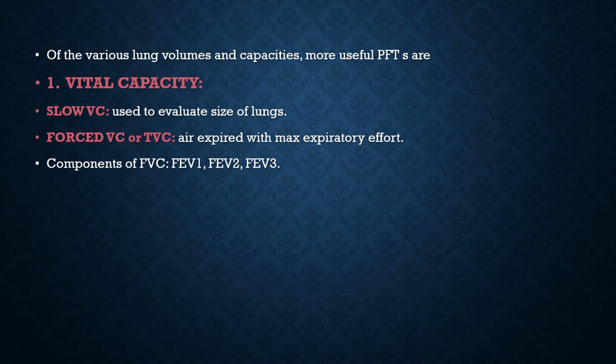So FVC is reduced in restrictive disorders such as kyphoscoliosis, pleural effusion and pneumonia, and also in conditions producing trapping of air due to collapse of distal airways during the forced expiratory maneuver. And the components of FVC, as we already know, are FEV1, FEV2 and FEV3, which is nothing but forced expiratory volume at the end of 1 second of FVC.